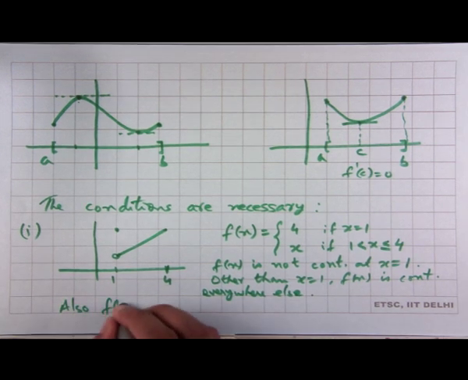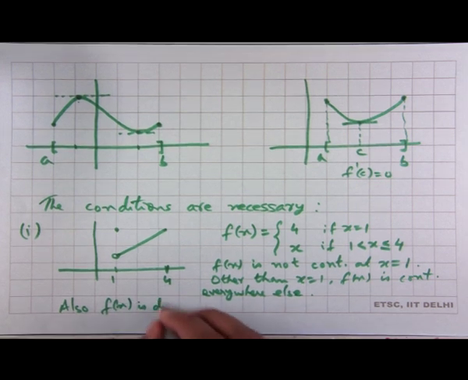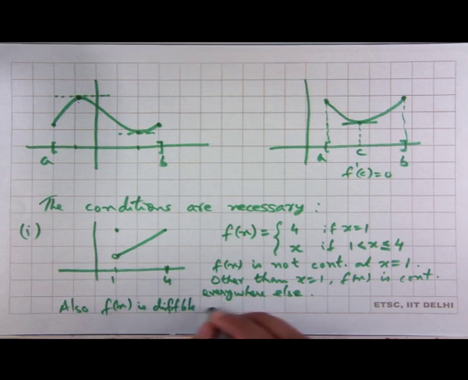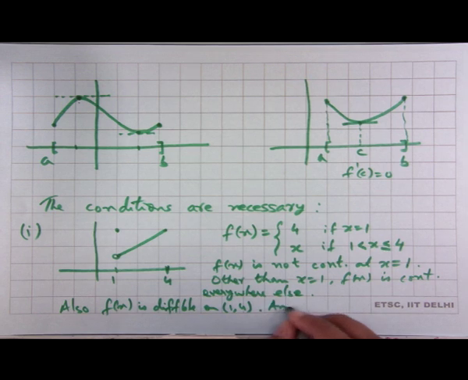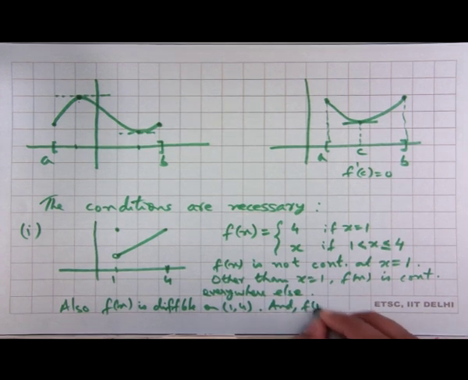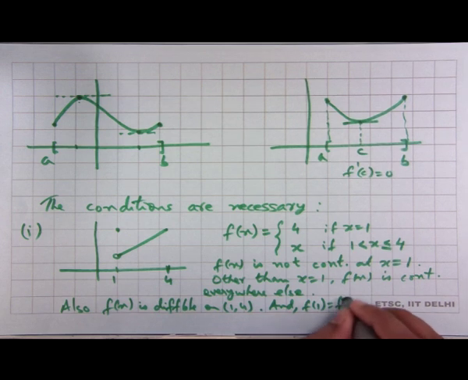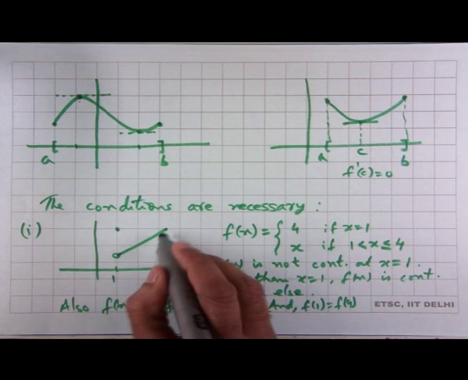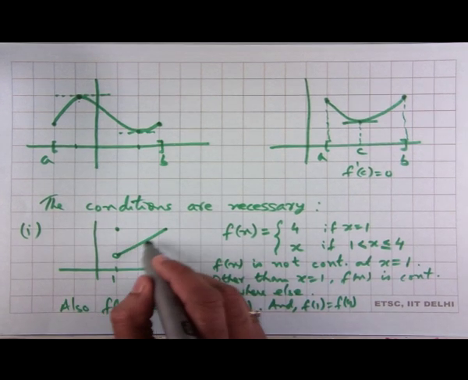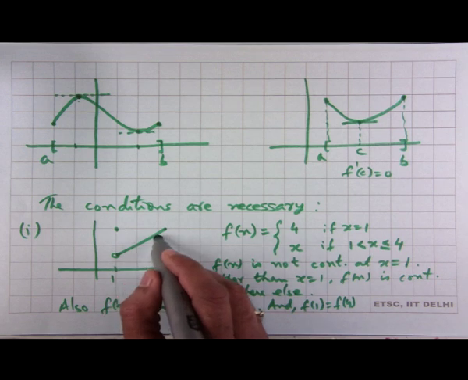This function f(x) is differentiable on the open interval (1, 4), and f(1) is equal to f(4). But if you see this function, there is no point where the derivative is equal to 0.